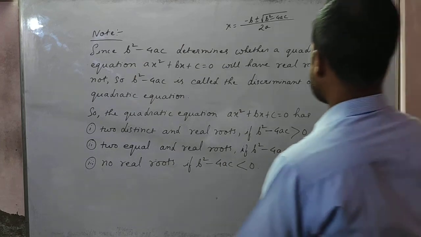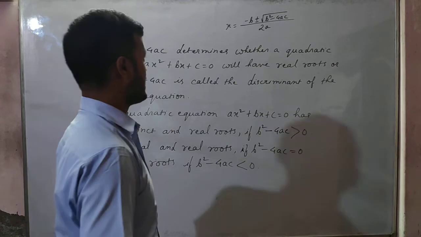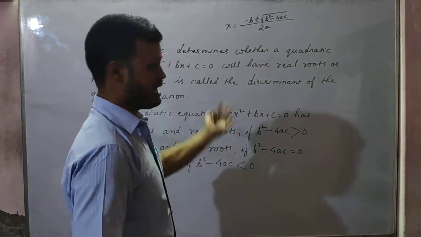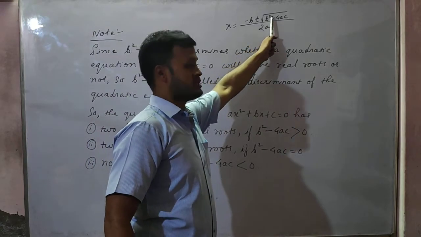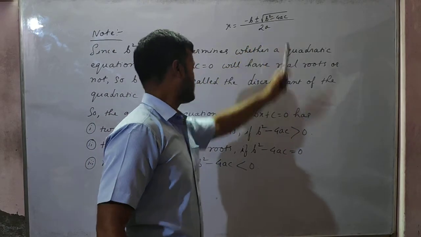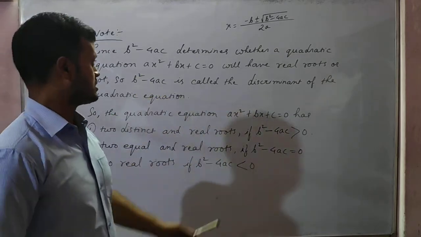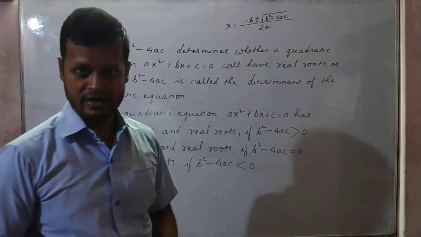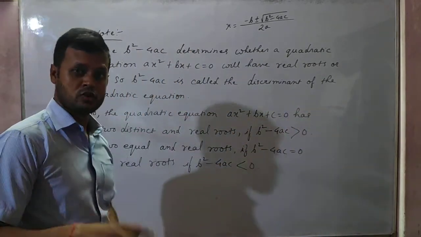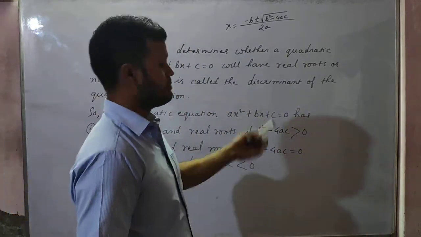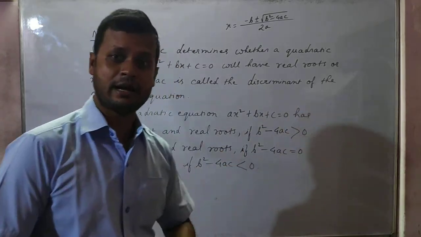Now we explained in this video why if b square minus 4ac is a positive number, then the quadratic equation ax square plus bx plus c is equal to 0 will have two distinct and real roots. And if b square minus 4ac is equal to 0, then the two roots will be real and equal, isn't it? And if b square minus 4ac is less than 0, then the quadratic equation will have no real roots.